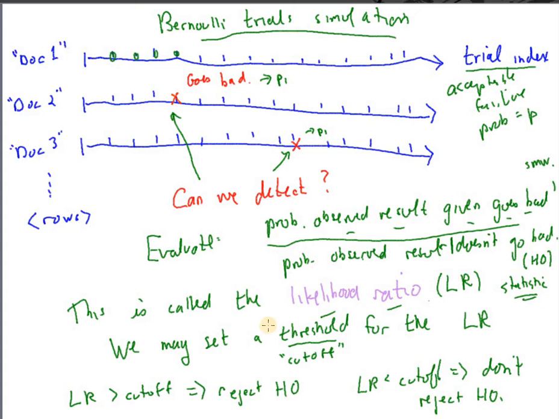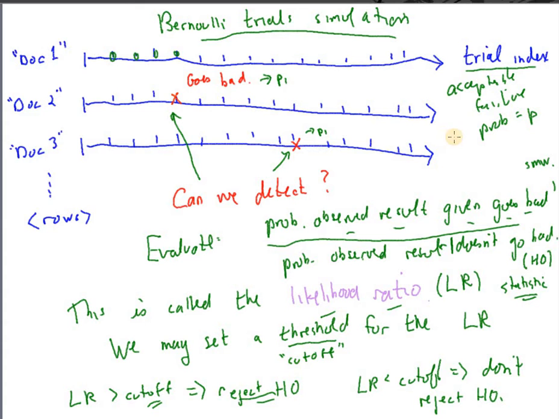And then you set a threshold, which I also call a cutoff, for the likelihood ratio. Now, if the likelihood ratio is large, we would expect that he went bad somewhere. If it's small, we would expect he didn't go bad. So we set a cutoff that says, okay, if the likelihood ratio is bigger than this cutoff, we'll reject the null hypothesis.